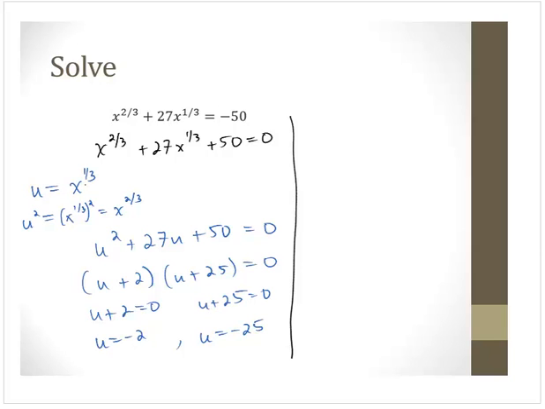Remember that u was x to the 1/3. So then x to the 1/3 is negative 2, and x to the 1/3 is equal to negative 25. And now we need to solve each of those equations for x. Well, they both involve a 1/3 power, so I'm going to raise both sides of each of these equations to the 3rd power.